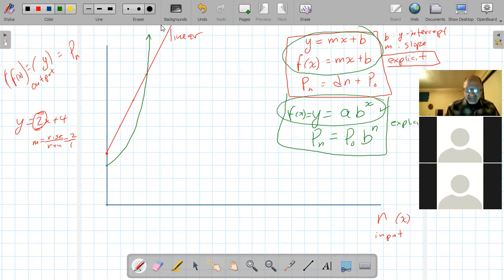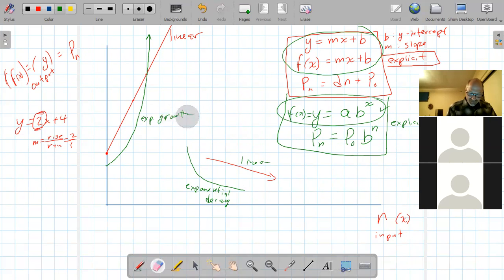Sometimes you have linear functions that go down, right? And sometimes you have exponential functions that also go down like this. So this is linear and this is your exponential. We call this exponential decay when it goes down, and we call it exponential growth when it goes up. Okay? So you have growth and decay.